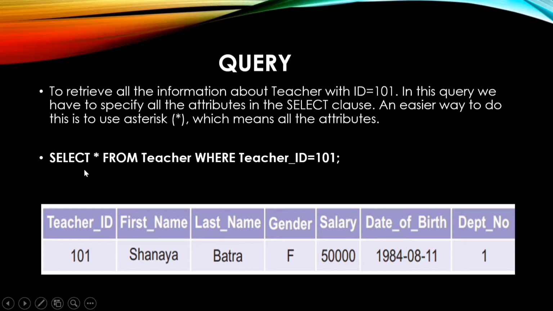So see here, select star from teacher where teacher ID equal to 101. Immediately, the result will be displayed on the screen. 101 is the teacher's ID, Sanaya Batra, female, 50,000, date of birth, department number 1. So this answer will be displayed on the screen.